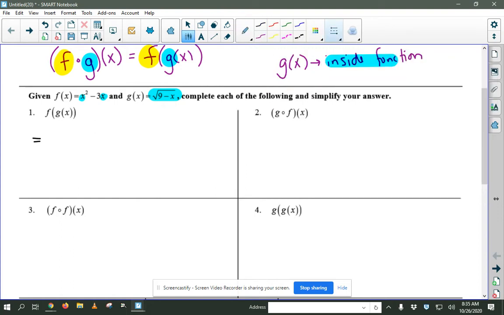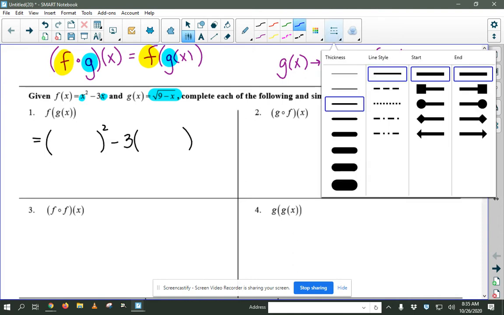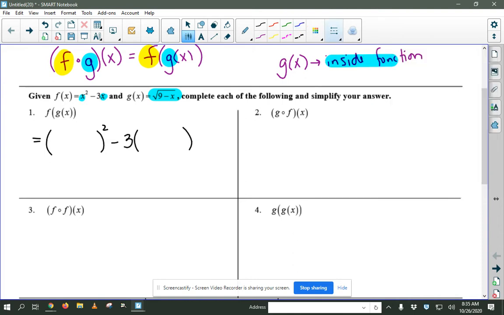So I'm going to rewrite my f function, my outside function, creating a skeleton, because I'm going to replace the x with the g function. Every place there was an x, I'm going to write square root of 9 minus x.